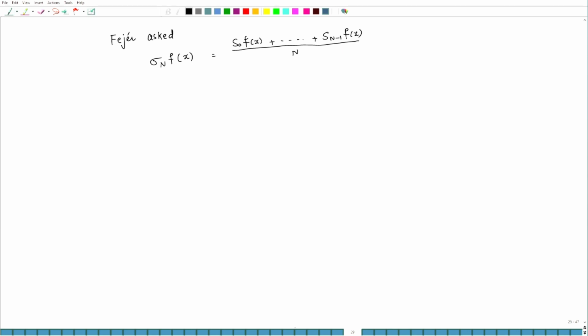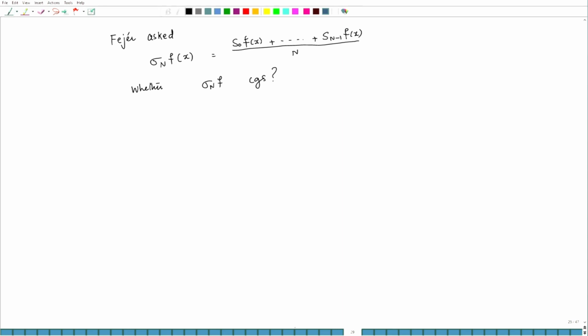Whether sigma_n f converges, that is the question that has been answered by Fejér. As we know, a series may not converge, but it can be Cesaro summable. So, this is a genuine question to ask.